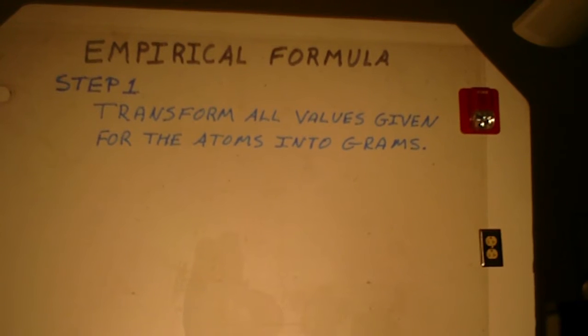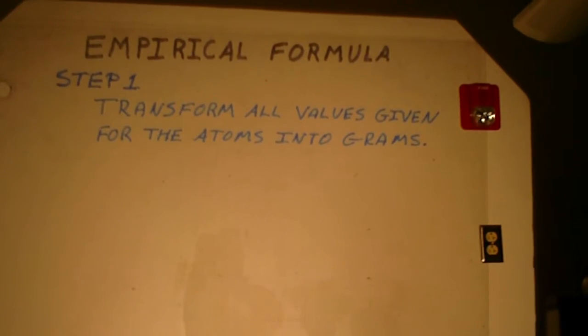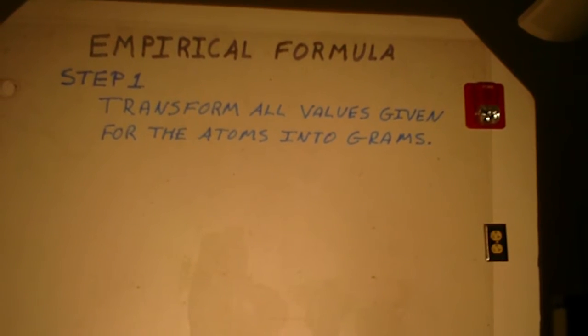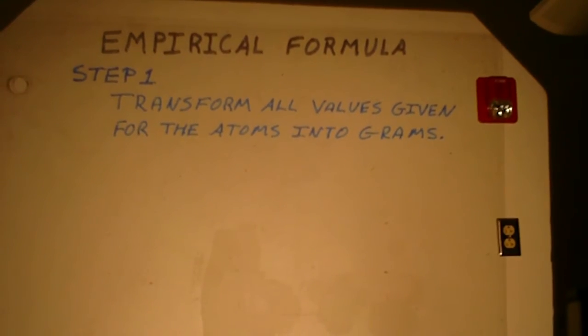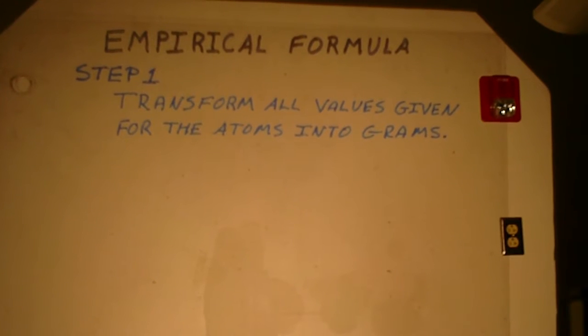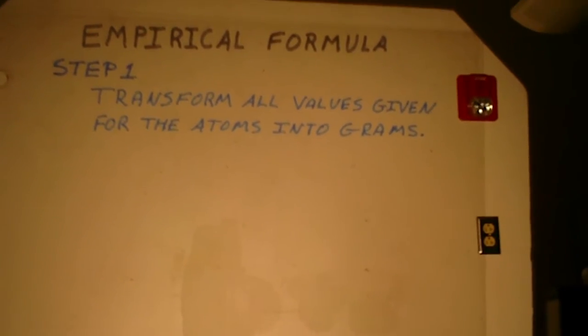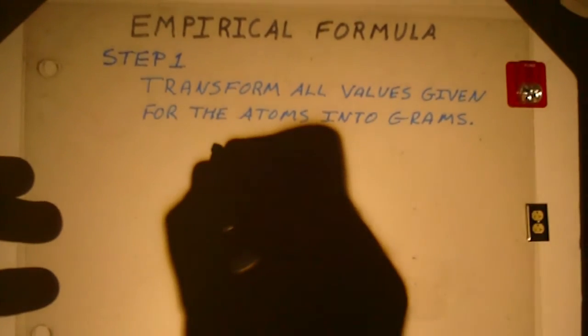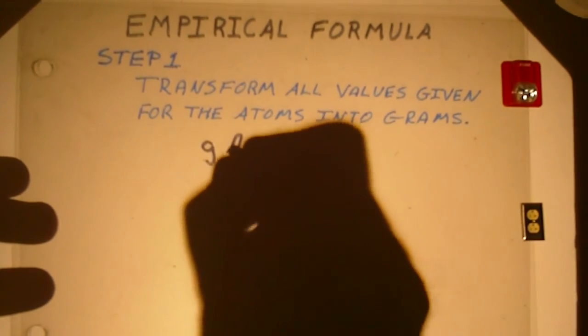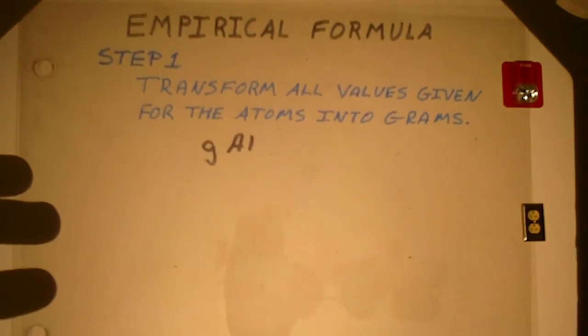The first step, you're going to be given some information, either grams of the type of atoms you have or the percentages of the types of atoms you have. Transform all the values that you're given into grams. So if you're literally given grams of aluminum, you're done.